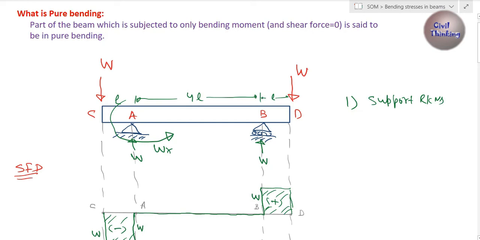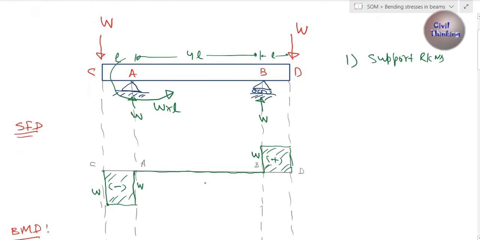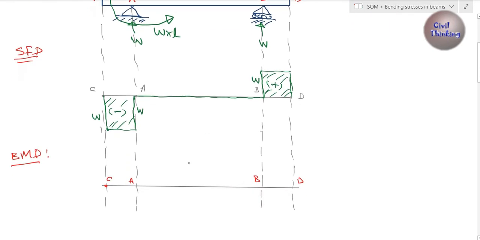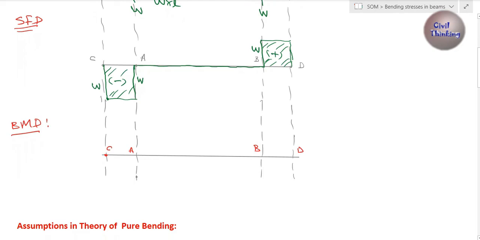Now at A there will be a moment, which is load multiplied by perpendicular distance. The load is W, and the perpendicular distance between the load and the point is L, so W multiplied by L. Now again W is positive, L is positive, so there will be some magnitude. Let's say W multiplied by L reaches up to here, right?